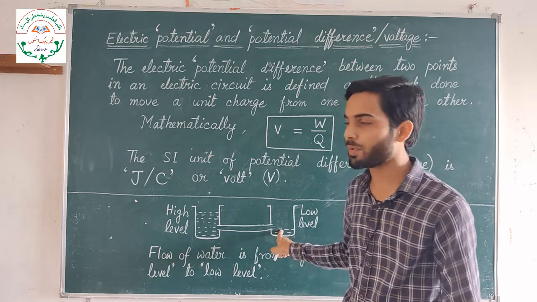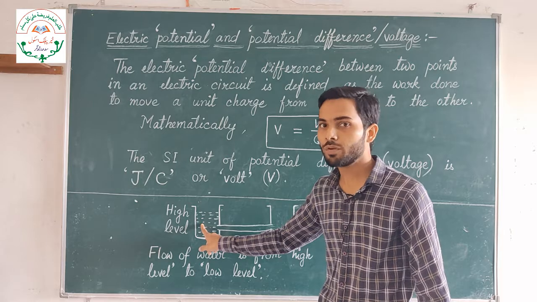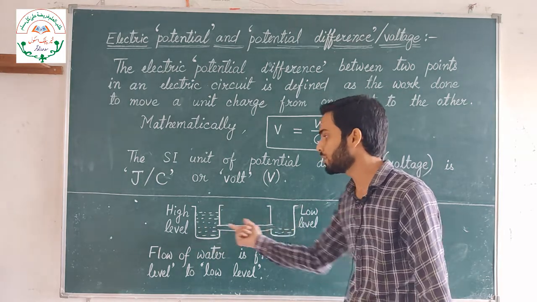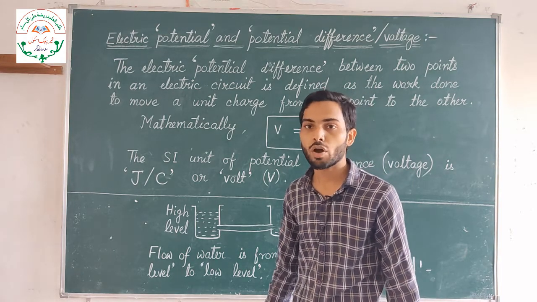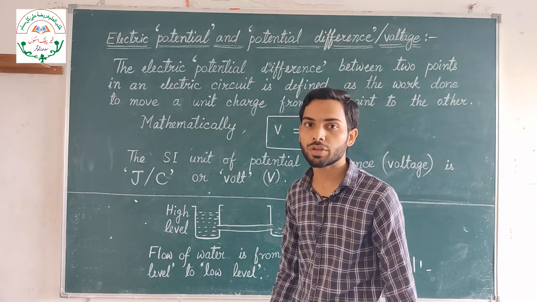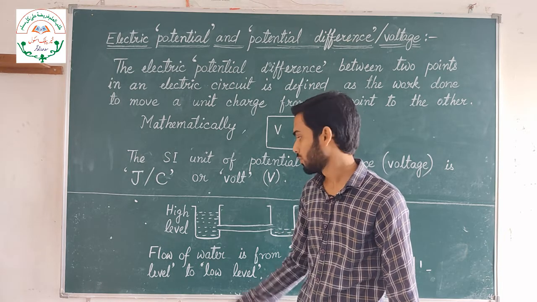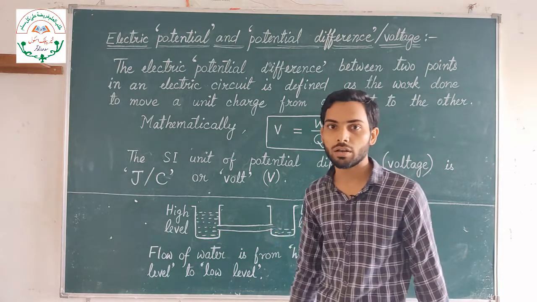What is the concept behind this? Why is the water flowing from this beaker to this beaker? Why not from this beaker into that beaker? Because we all know that due to gravitational force, water flows from high level to low level.